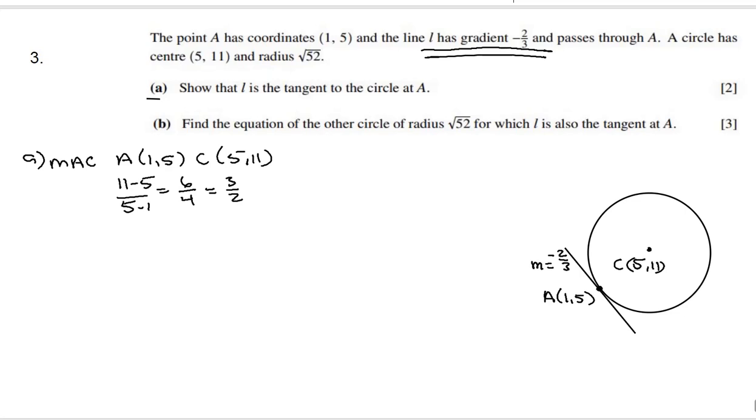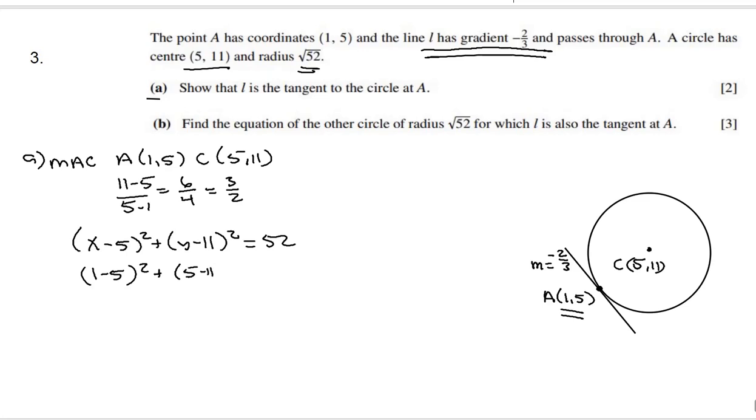And so if I take the circle equation, which they've given me enough information here, if I do x minus 5 squared plus y minus 11 squared, it's going to equal this squared, which is 52. And if this point is actually on the circle, meaning touching the circle, well then that means that when I plug in the values of 1 and 5, it's actually going to equal 52.